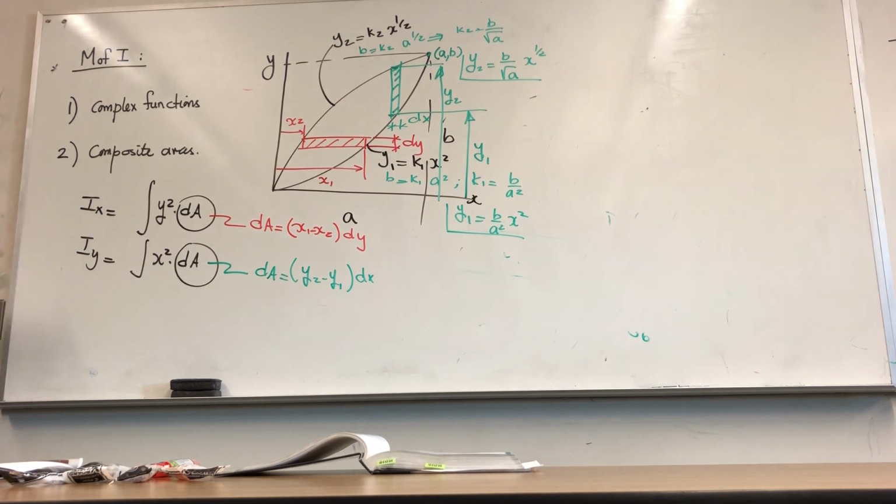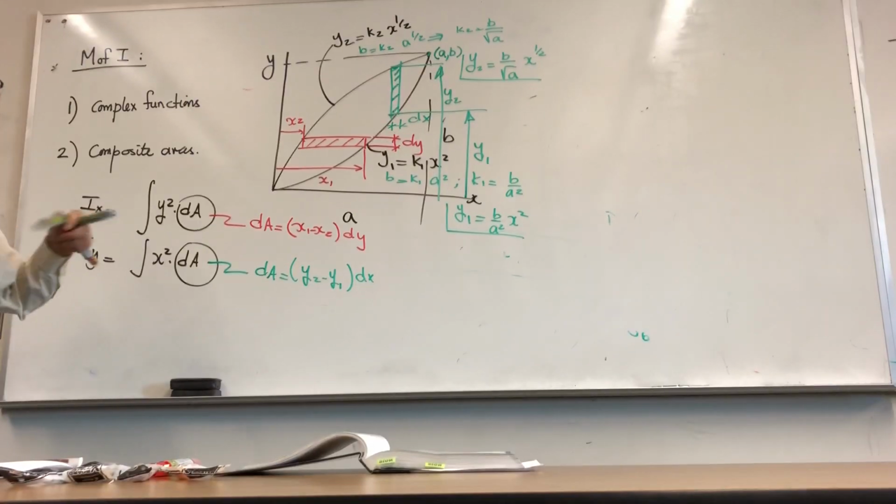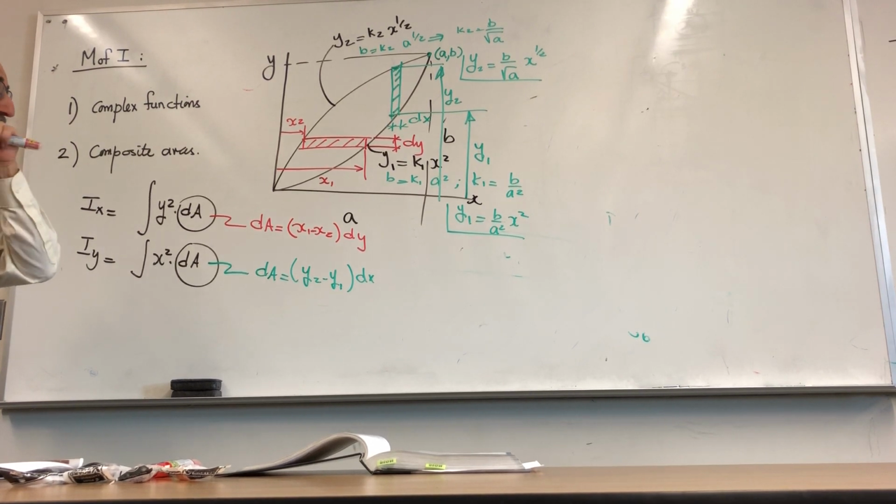So let's just start with Ix. Yes? Why are you substituting out x, putting in a, making that equation equal to b? Above, when you're taking y2 equals k2 x to the 1/2, and then you're substituting a for x.